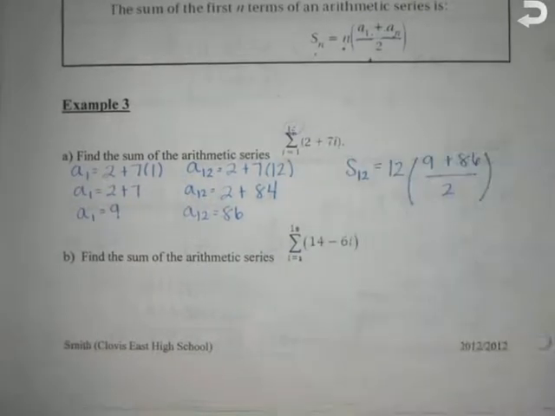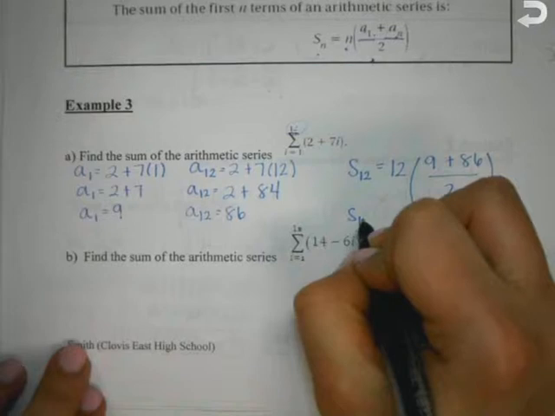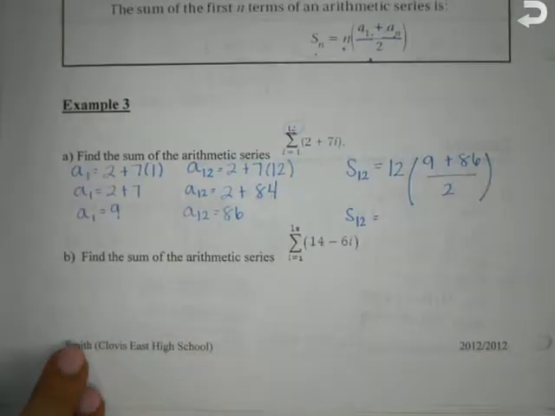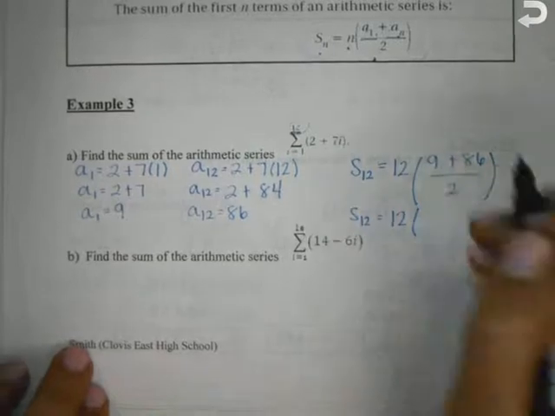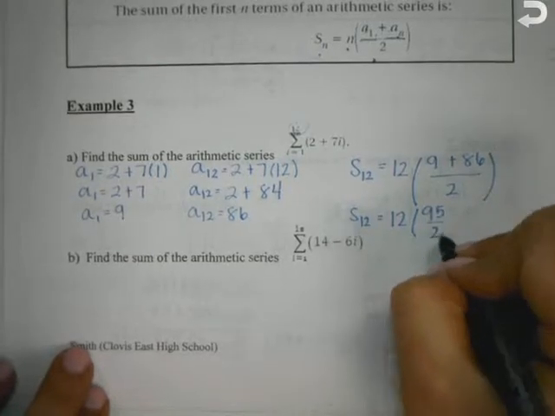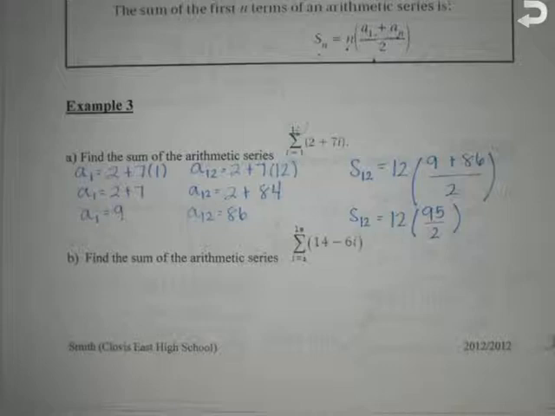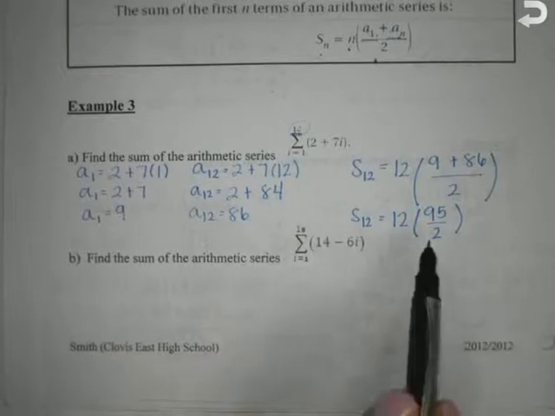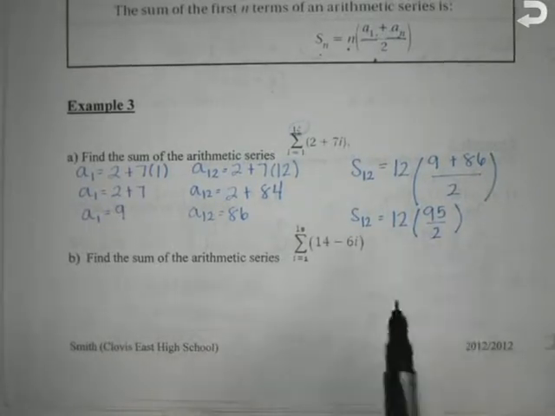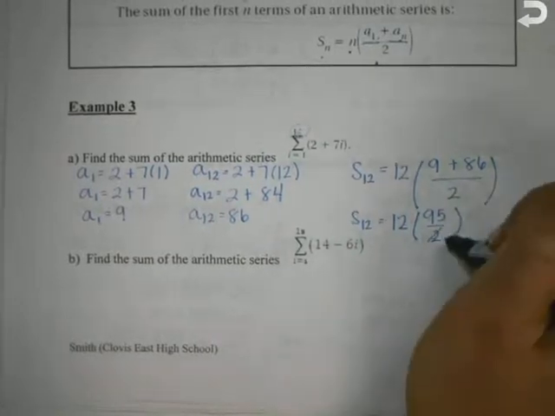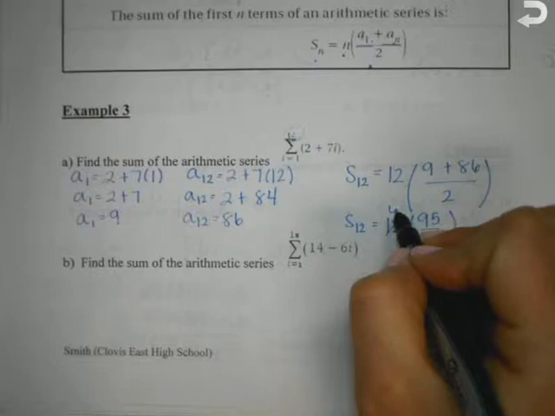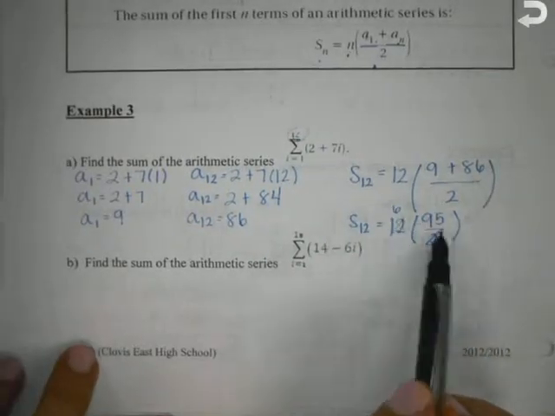So the sum of the first 12 terms is equal to 12 times 9 plus 86, which is 95, over 2. Now 95 divided by 2 doesn't give me a whole number, so instead I'm going to reduce these two. 2 goes into 2 once, 2 goes into 12, 6. So we have 6 times 95. So S sub 12 is equal to 570.